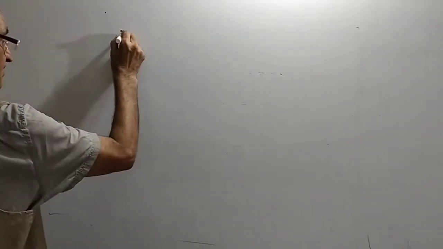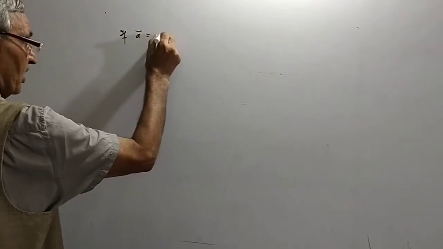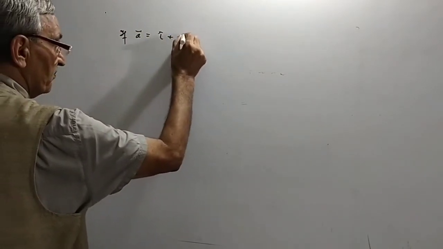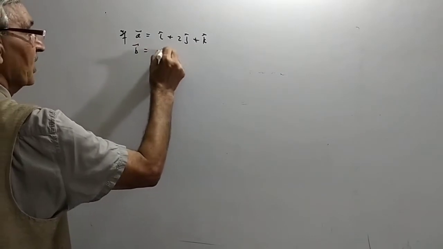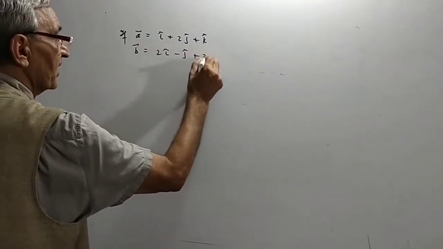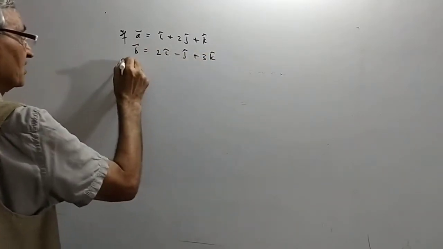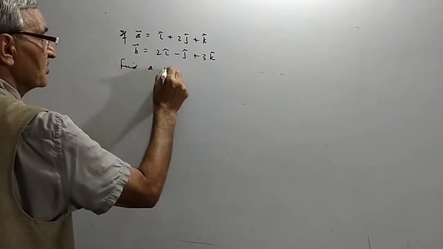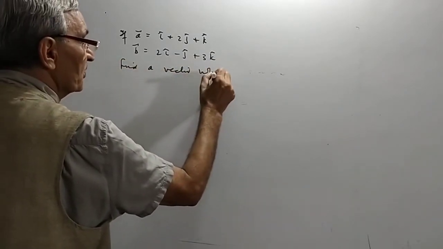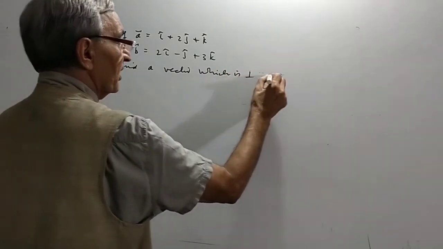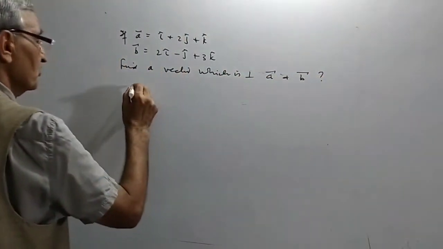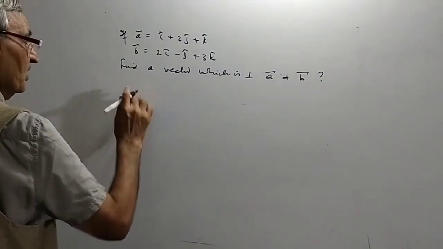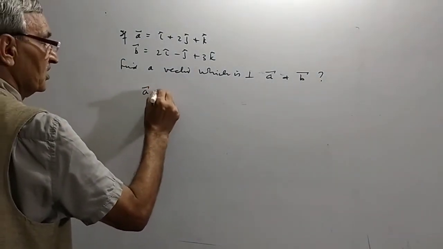Let me say, if A is the vector i plus 2j plus k, suppose, and B is another vector 2i minus j plus 3k. I want to find a vector which is perpendicular to A and B. So to find the vector we should find A cross B. Okay, what is A cross B?